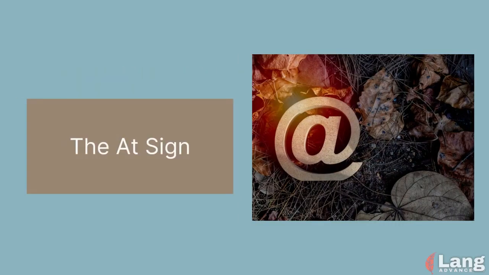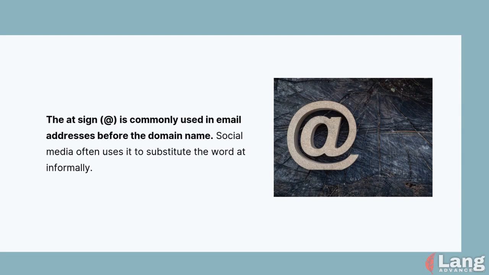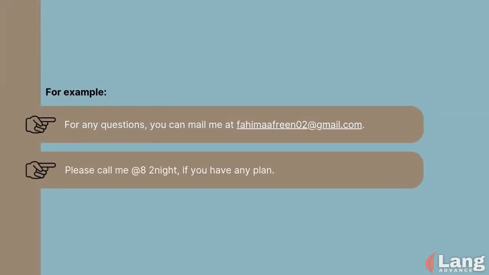The @ sign. The @ sign is commonly used in email addresses before the domain name. Social media often uses it to substitute the word "at" informally. For example, for any questions, you can mail me at abc@gmail.com.